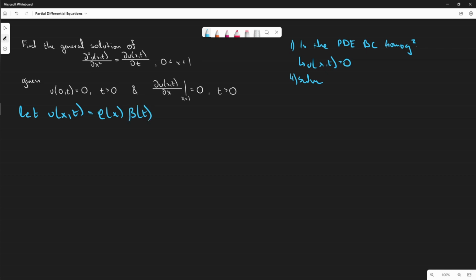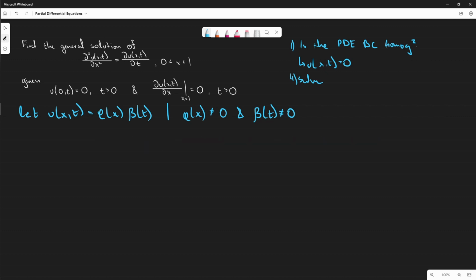We're also going to put the condition that phi of x is not equal to 0 and beta of t is not equal to 0, because if they're equal to 0, we just get the trivial solution, the answer being 0. That is a solution to this PDE, but we don't want to find the trivial solution. We actually want to find a much more general solution.